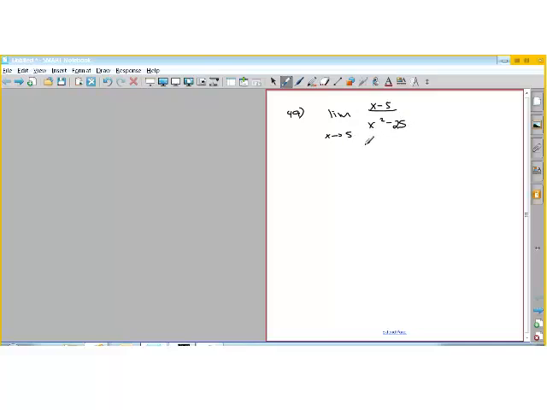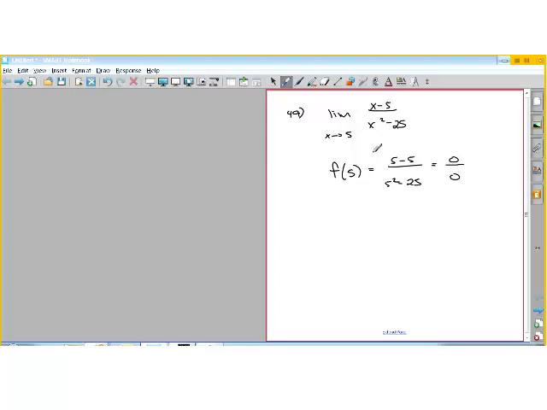At every point except for probably one point, this thing is going to just be plug in and you're going to get the answer. So again, the first thing you want to do is evaluate the function at the x value you're trying to find the limit. So we stick 5 in there.